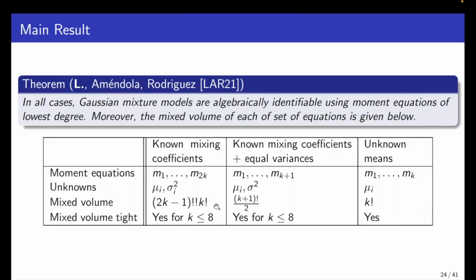In addition, we're able to give an upper bound for the number of solutions because in this case, we can use some underlying geometry and find the mixed volume of those Newton polytopes. We can verify numerically that this bound is tight for k less than or equal to 8, and we do conjecture that this mixed volume bound is always tight.